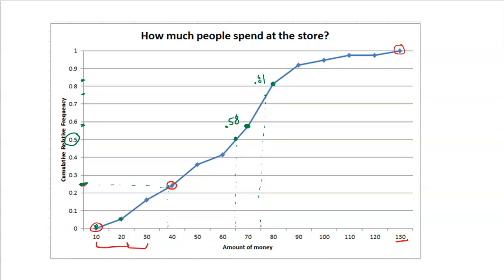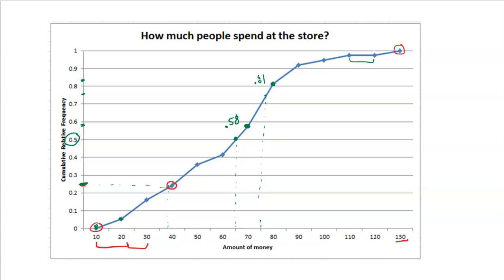And then as we get more and more expensive, we see it really start to flatten out. For example, between $100 and $110, very, very few people. We're talking maybe 1 to 2% of people fell into that bin. And we actually notice a flat line right here between 110 and 120. A flat line like that represents nobody.